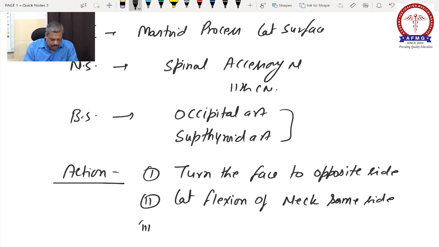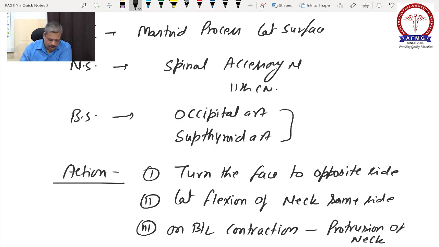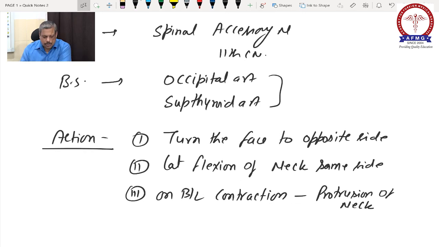And now the third, on bilateral contraction, this muscle causes protrusion of the neck.